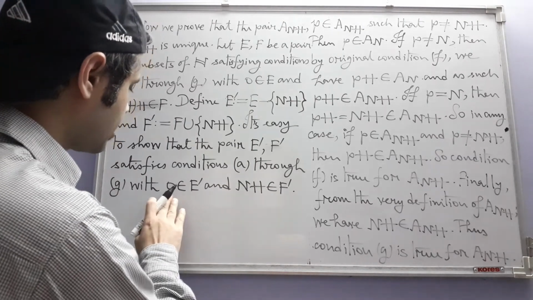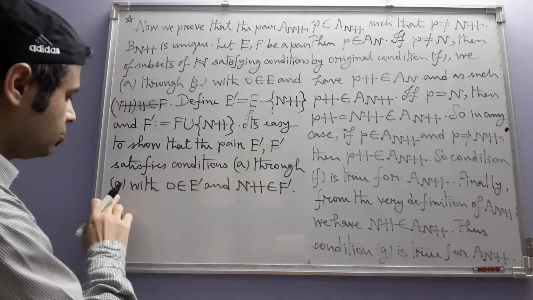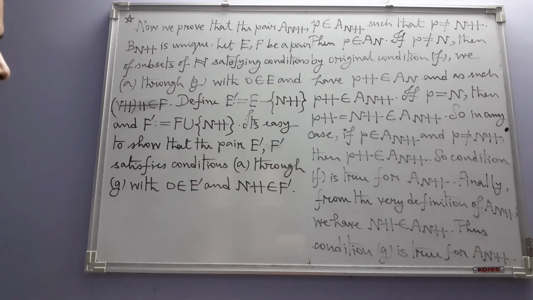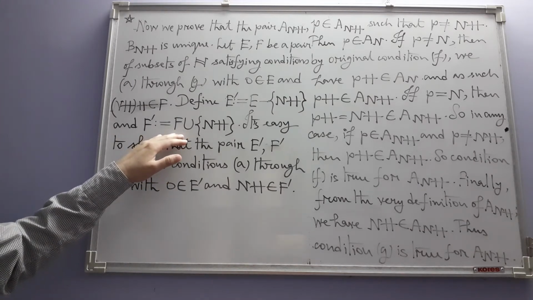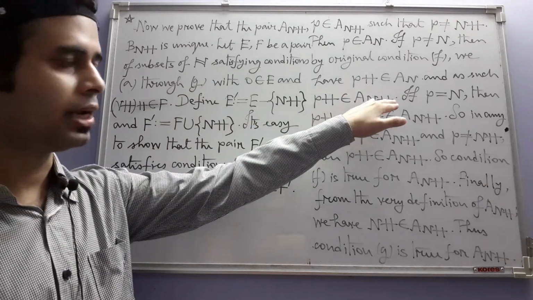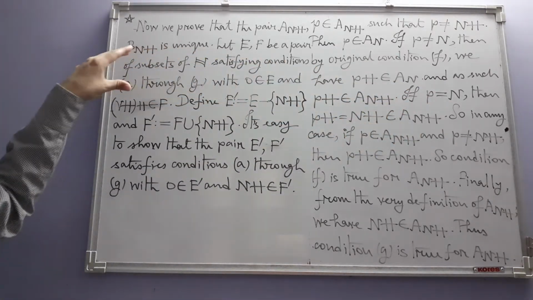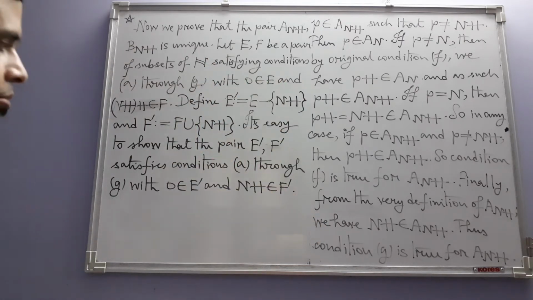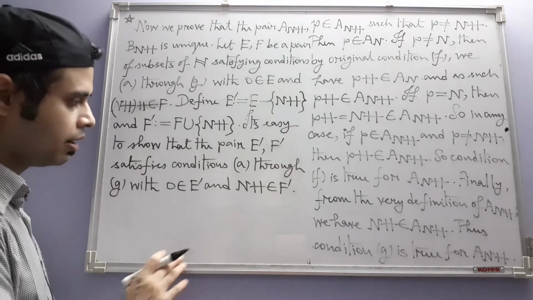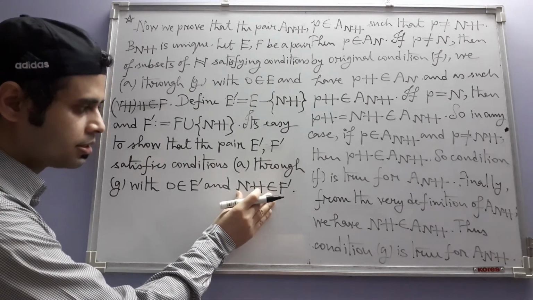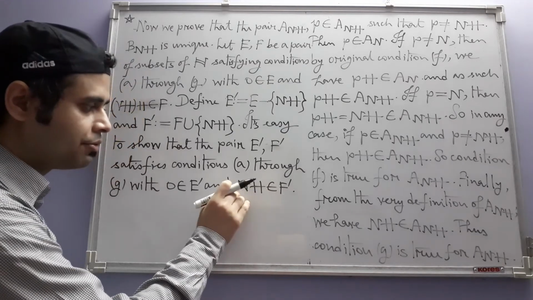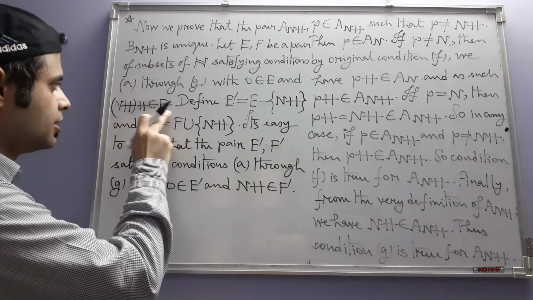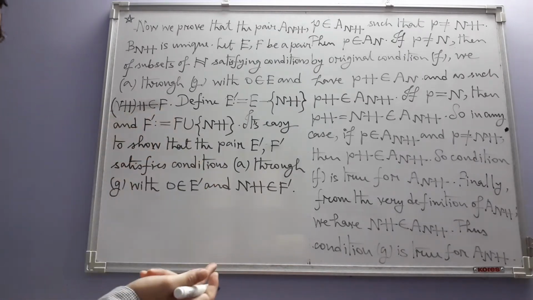I hope you understand that the conditions A through G, although we are using the conditions at several different levels of the induction, that is for sets which are at the next level An plus plus, but also for sets which are at the previous level An. But to keep track of the level, this condition is needed. This is telling you that we are at the level n. This condition is telling you that we are at the level n plus plus.